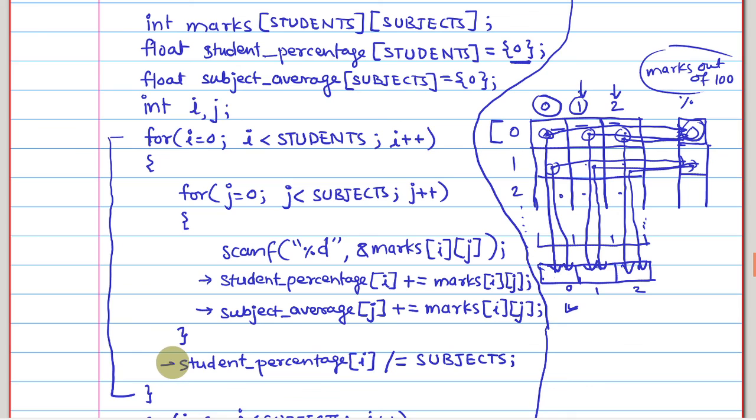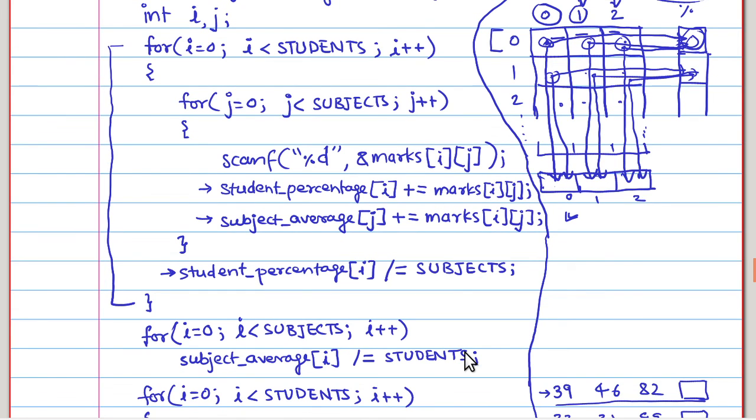And here, because with all iterations of the inner loop finished, we will have the student's total here. So with this we are calculating the student's percentage, and once all the iterations of this outer loop are over, we will have marks of all the students and percentage of all the students, but we still don't have subject average. So we calculate subject average by this.